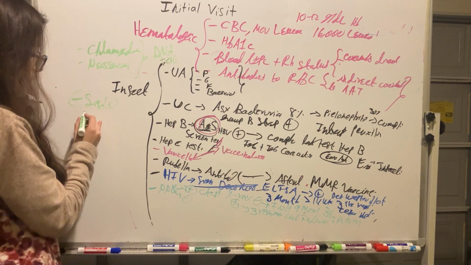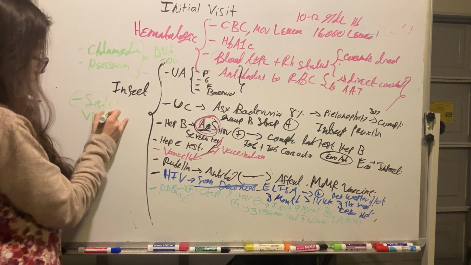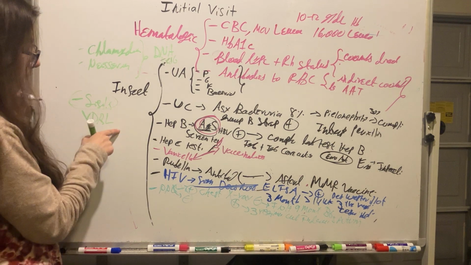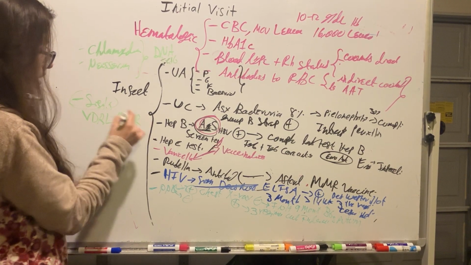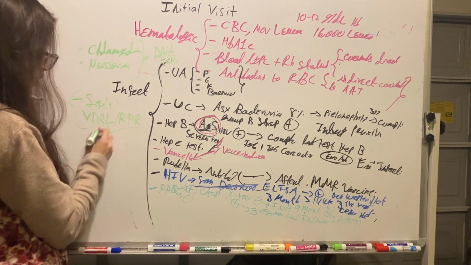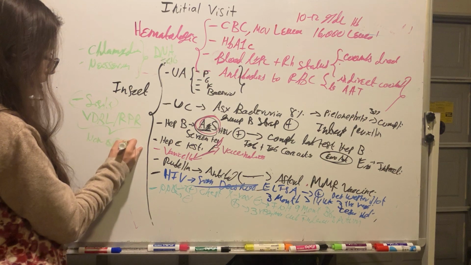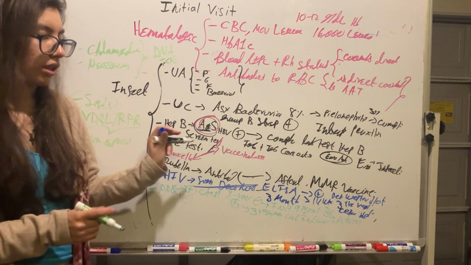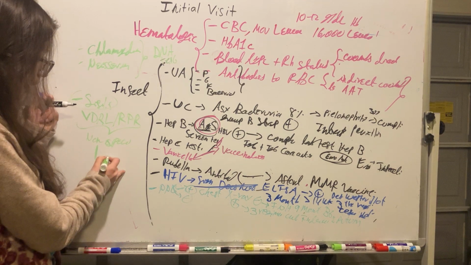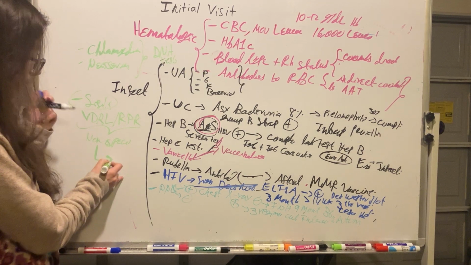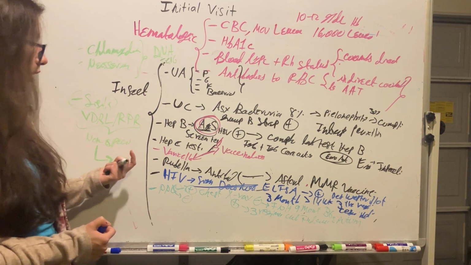The screening test is the Venereal Disease Research Laboratory test, VDRL, or Rapid Plasma Reagin. These are non-specific tests for syphilis. If these are positive, then we need to confirm that the patient has infection, because this could be a false positive.